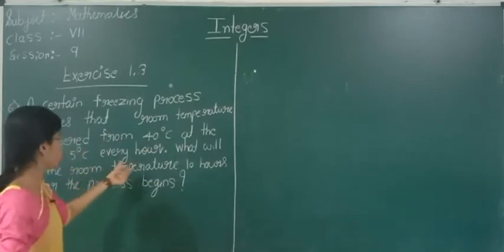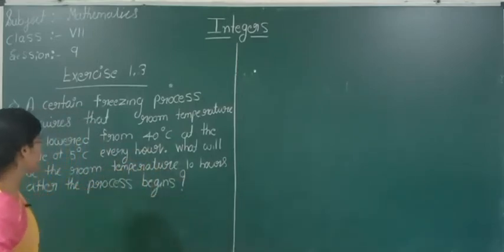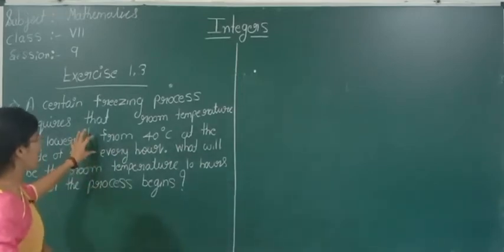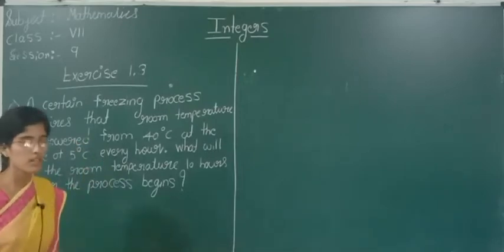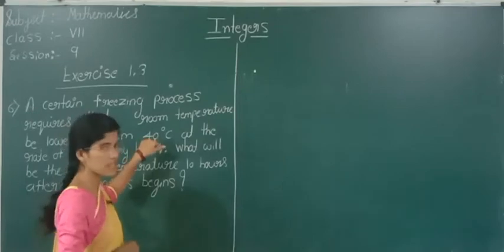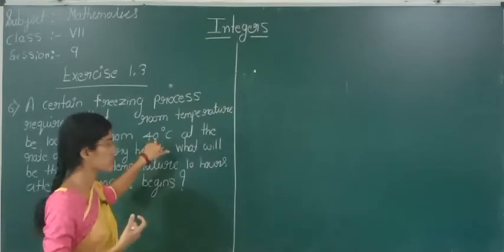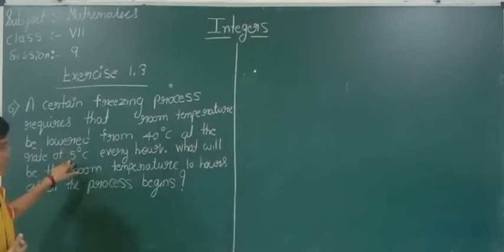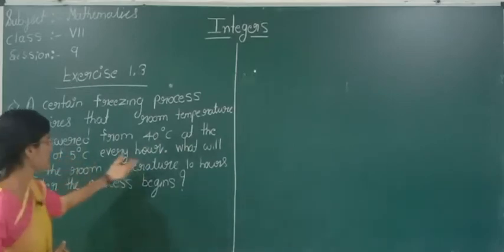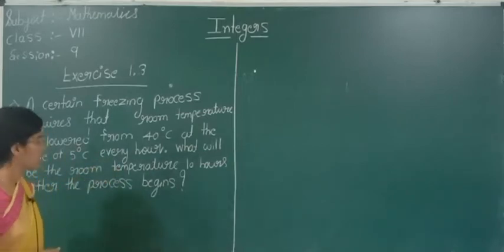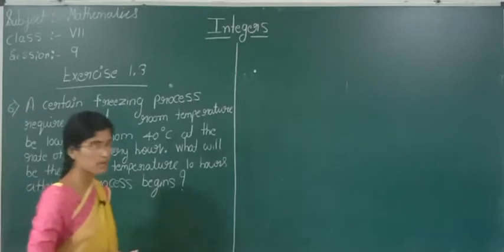What will be the room temperature 10 hours after the process begins? What is given here is that the temperature is lowered, so we will take it as negative. The initial temperature given is 40 degrees Celsius. The temperature will change every hour by 5 degrees Celsius. They have asked what will be the room temperature after 10 hours of the process begins.